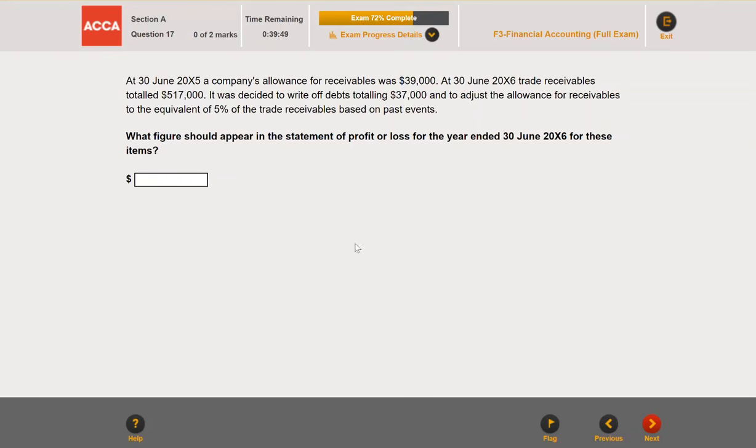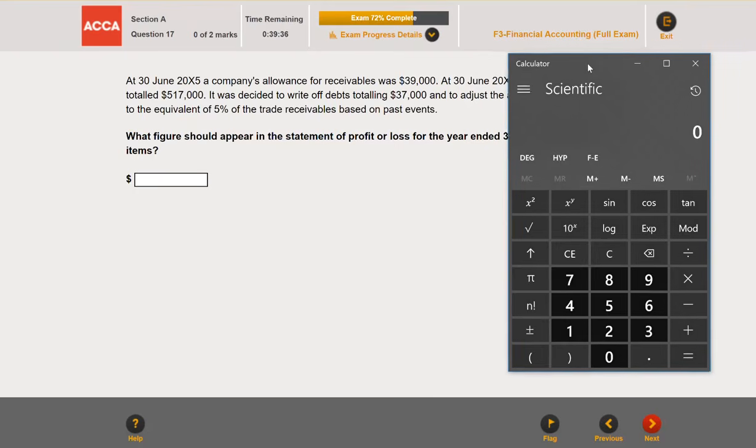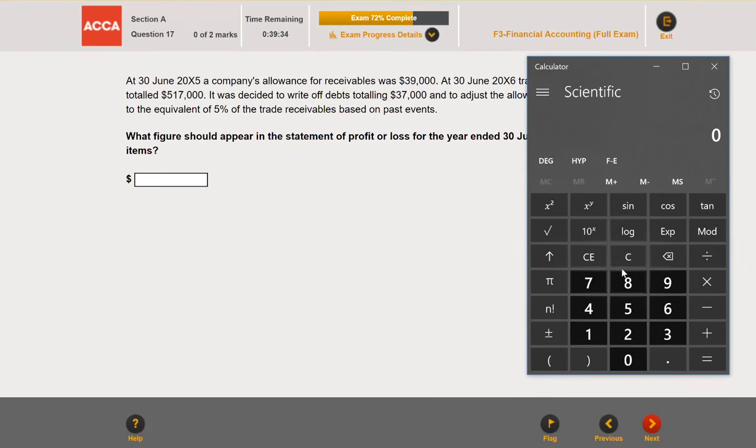Okay, if you have a question where allowance and bad debts are combined, it is better to do bad debts first and then do the allowance, because bad debts are deducted from receivables.